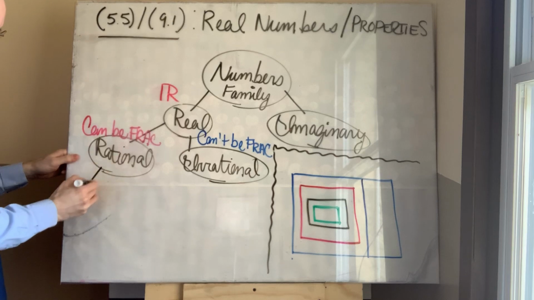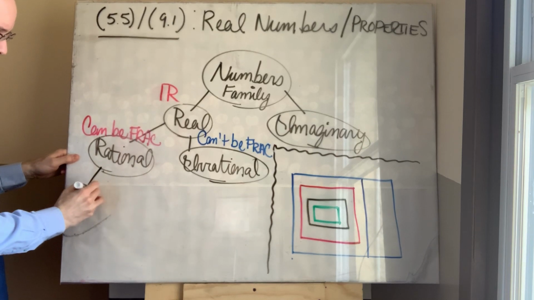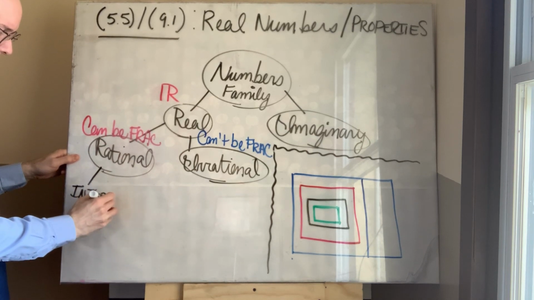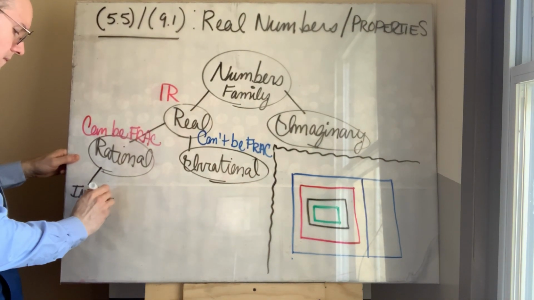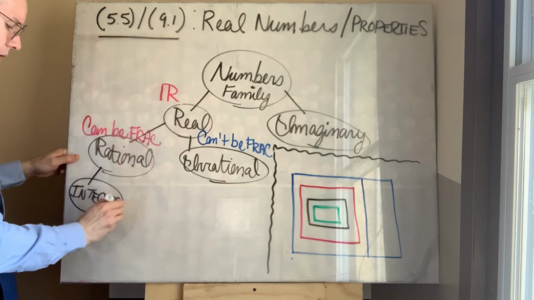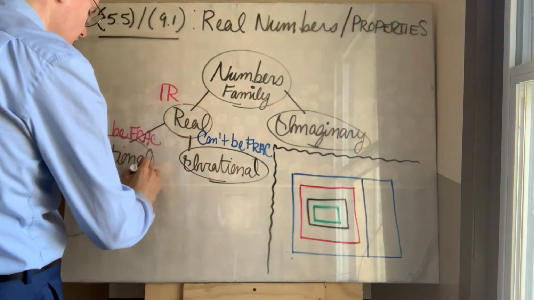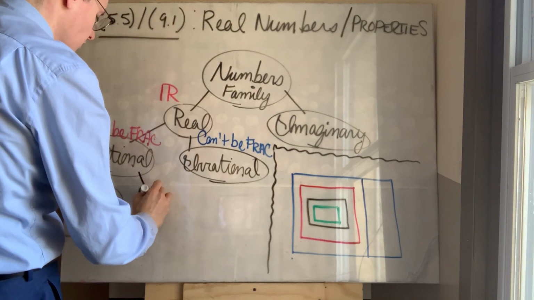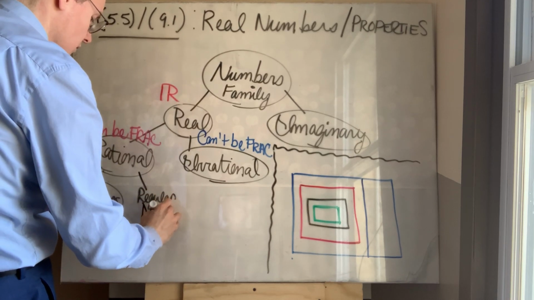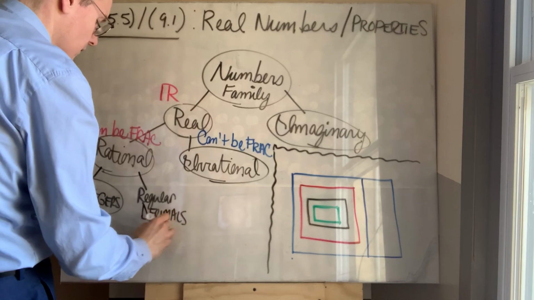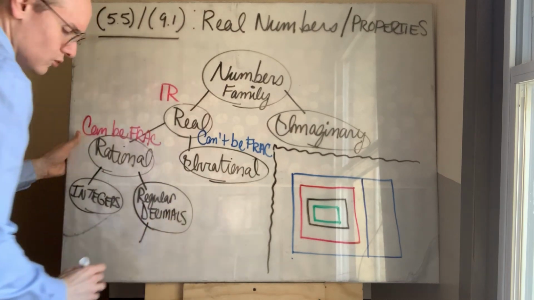beneath rational, there are integers, officially. Integers, spelled correctly. And what you might refer to as regular decimals. You'll see what I mean by that in a moment. Of decimals, there are two types, essentially.